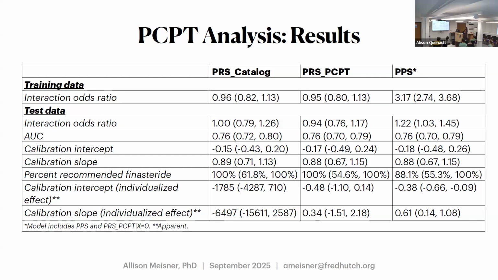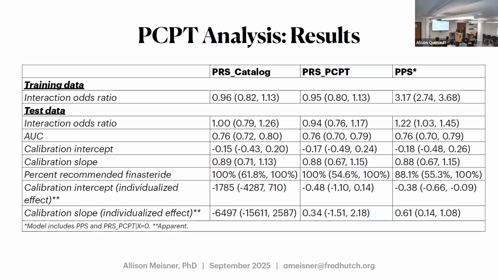You would hope the calibration intercept is 0, so there's room for improvement there. And same thing with calibration slope. Not terrible, but you would hope that would be 1. And I think that both of these, and even the modest AUC, speak to the fact that if we really wanted to develop a risk model for prostate cancer, we would include a lot of other clinical factors, which we have not included here.